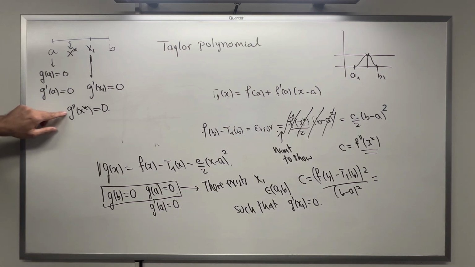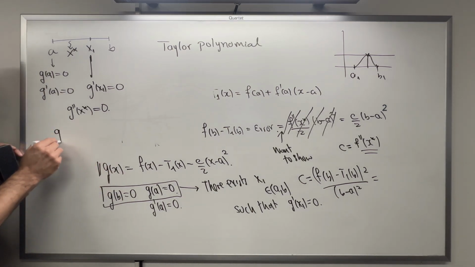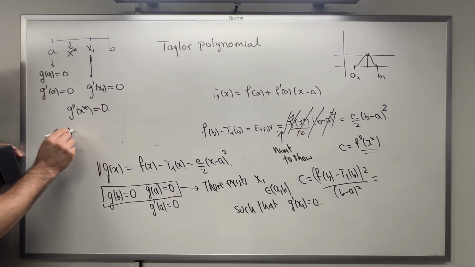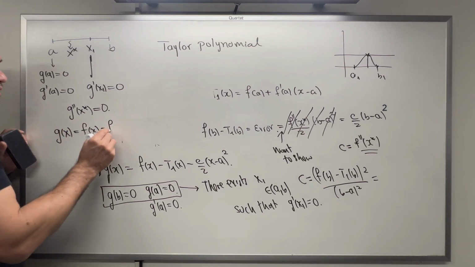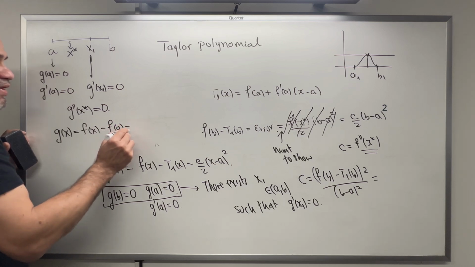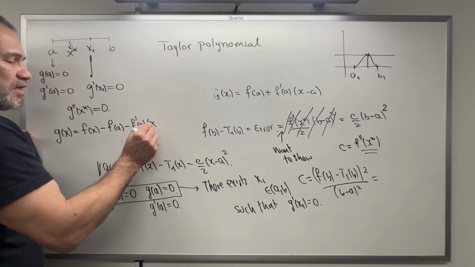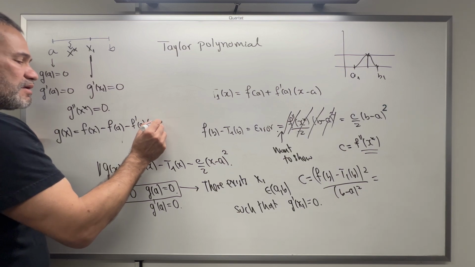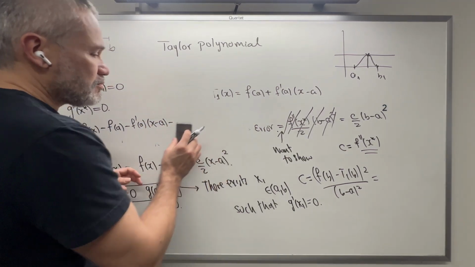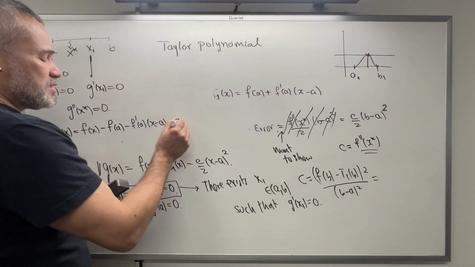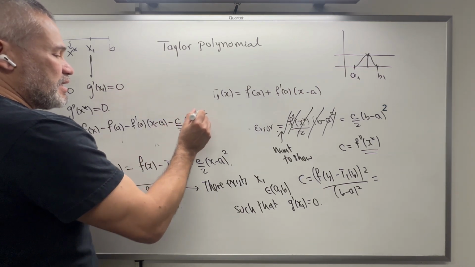But let's write this condition. We have that g of x is equal to f of x minus f of a minus f prime of a times x minus a minus c over 2 times x minus a squared.